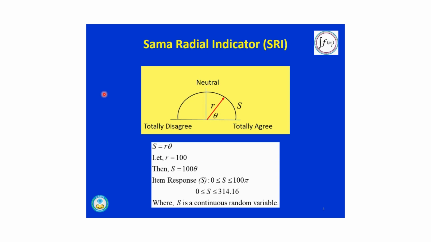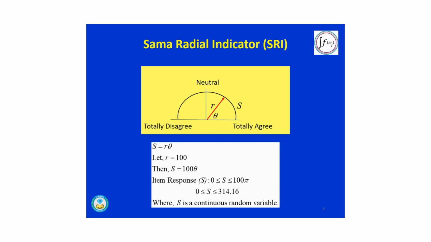When developing this indicator, I tried to maintain the properties of a good item scale. We are not confusing the respondent with words like somewhat agree, slightly agree. This scale doesn't have that sort of words. Also, a good item scale should have a neutral point. Actually, there are many other properties for a good item scale.